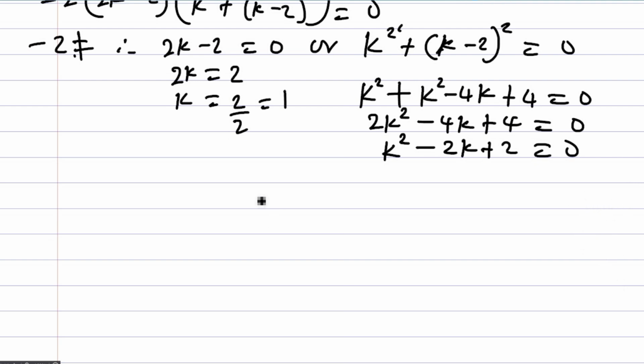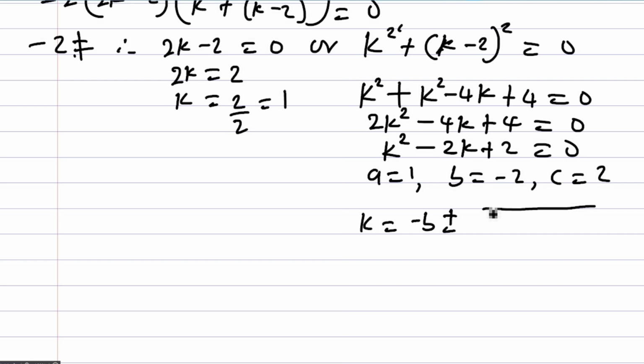or the quadratic method. So for the quadratic method, I have that my a is equal to 1, my b is equal to minus 2, and then my c is equal to 2. So we have that k is equal to minus b plus or minus the square root of b squared minus 4ac, everything over 2a.